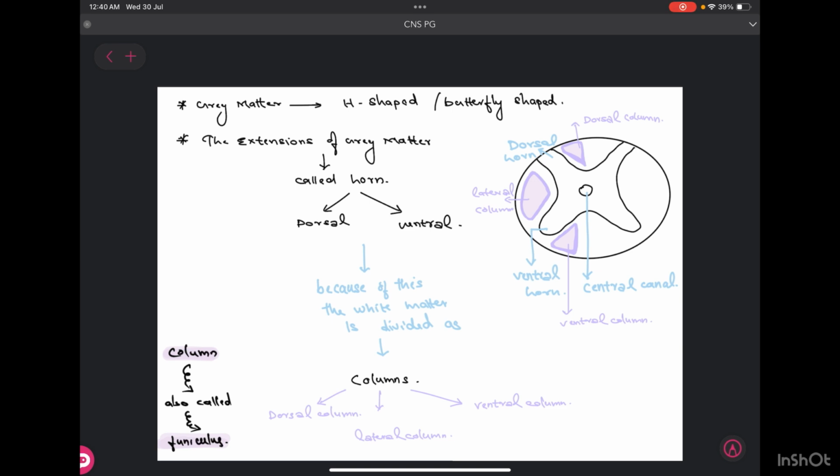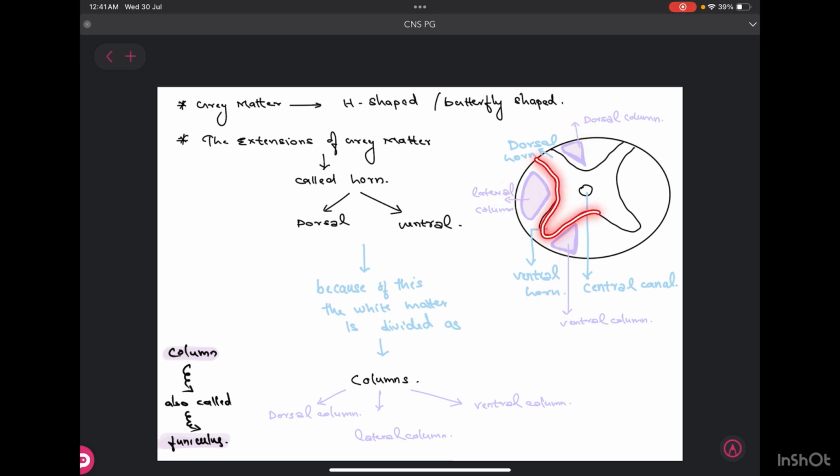Because of these horns, the white matter is divided as columns. Columns are also called as funiculus. It is important. Here we have one, here we have one, and here we have one. So this is called as dorsal column, this is called as lateral column, and this is called as ventral column. So here we studied about the gray matter and white matter.